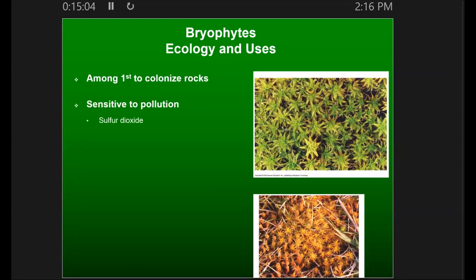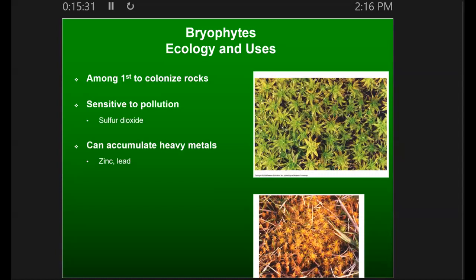So if you're out hiking around and you see a lot of bryophytes and mosses in particular, that's usually a really good sign that you're in an area that has fairly healthy air quality. They seem to be particularly sensitive to sulfur dioxide. And they can also accumulate heavy metals just because of how they absorb minerals.